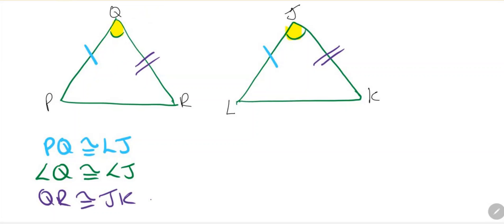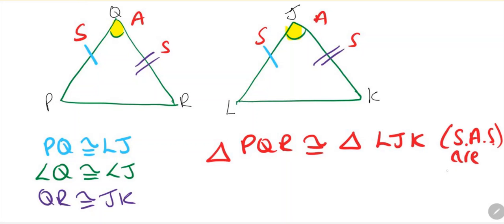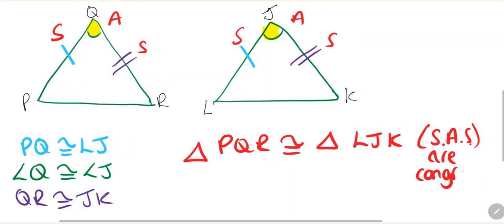So this time I have side, angle, side. Side, angle, side. So I can say that triangle PQR is congruent to triangle LJK because side, angle, side are congruent.